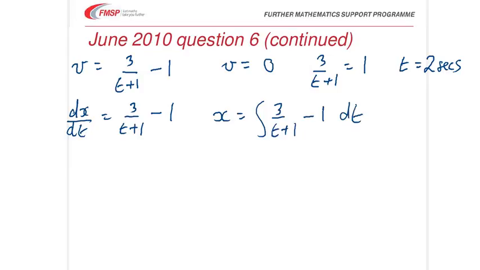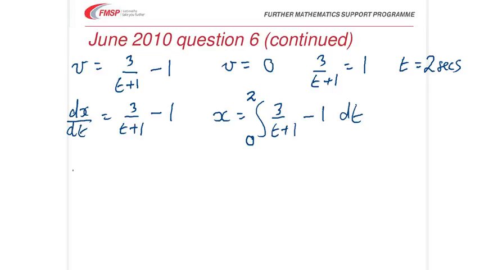Now we can either integrate indefinitely and put a plus c in and then find the value of c, or it's probably simpler and more direct to integrate between limits, because we know that the times concerned are from t equals 0 to t equals 2. We want to find the distance covered in that time interval.